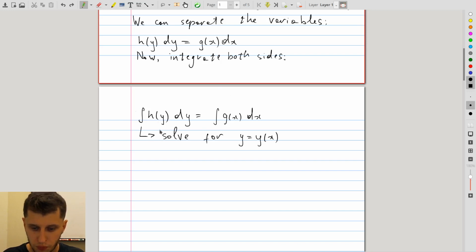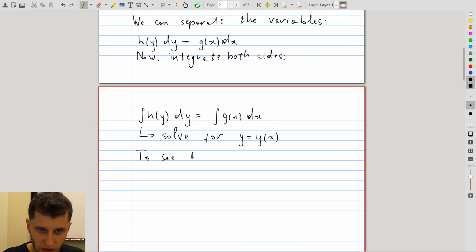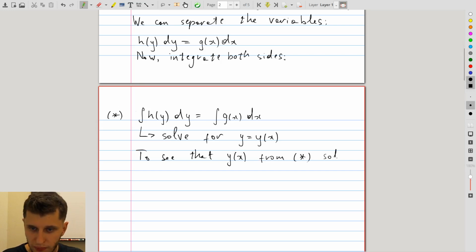So what we want to do is see that y of x, solving this equation, solves the original differential equation.